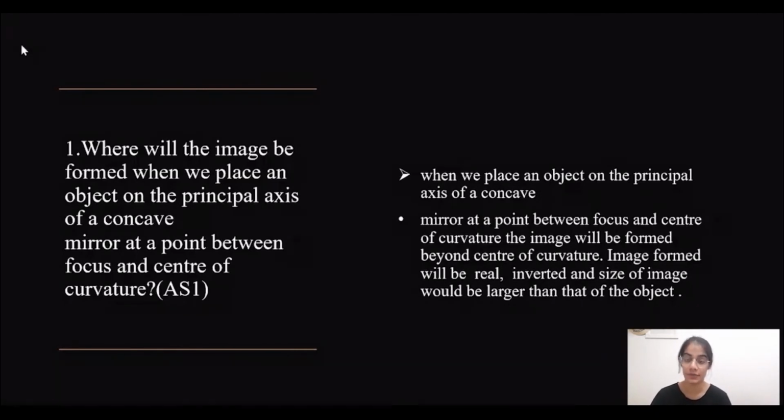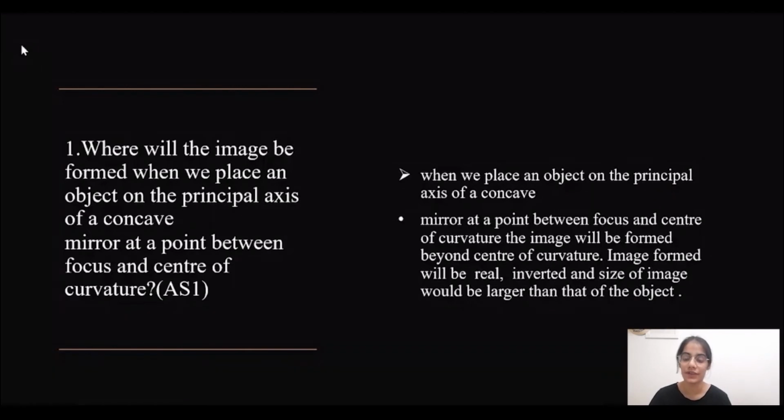So as your object goes from beyond your center of curvature towards the focus, the image will be formed right beyond the center of curvature, towards the infinite side, way farther from the mirror, but it will be inverted, it will be real, and it will be magnified, which means it will be larger in size as compared to the object.